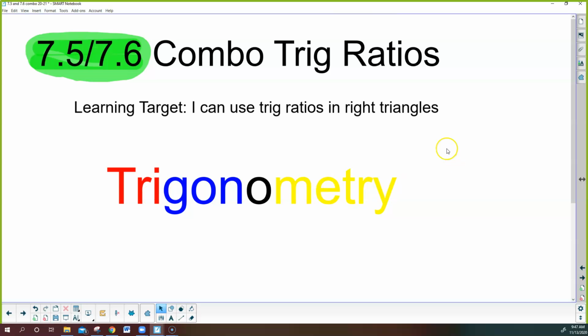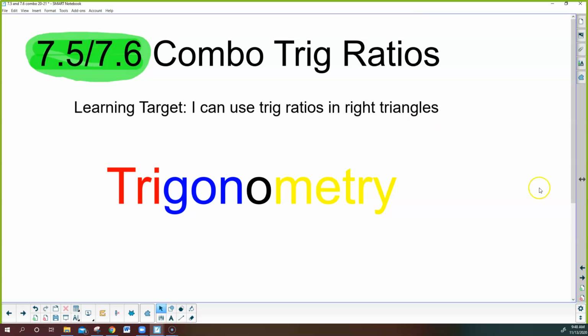That's kind of what trigonometry is talking about, but what we're going to be looking at is ratios. So if I have a right triangle, the ratios of sides are going to be true for every single triangle that has the same acute angle and a 90-degree angle, because they're similar by angle.